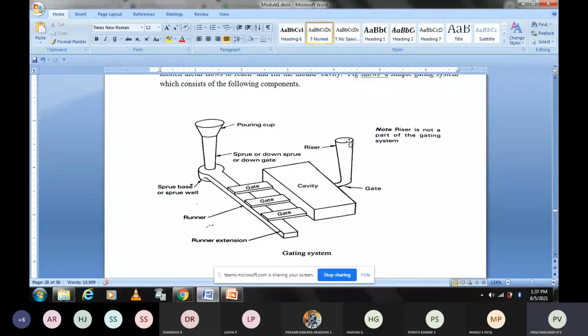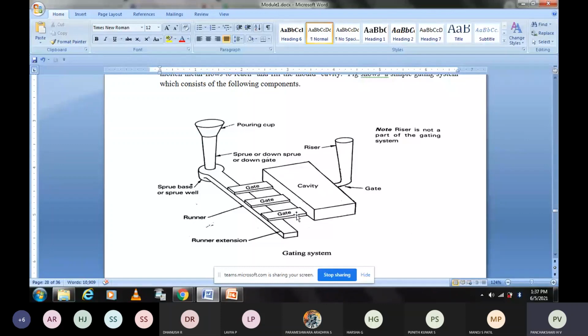For that purpose, whatever the excess material required, that will be supplied from here. Liquid metal is present here. That liquid flows back into this, so that this will solidify with proper dimensions. So this serves two purposes. One, to ensure that liquid metal is completely filling the cavity, and the other is serving the purpose of supplying the feed material or the liquid metal during solidification.